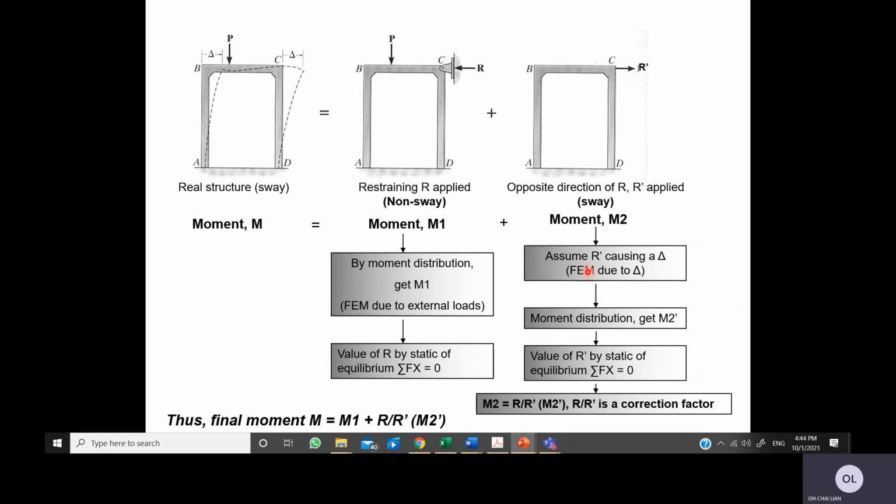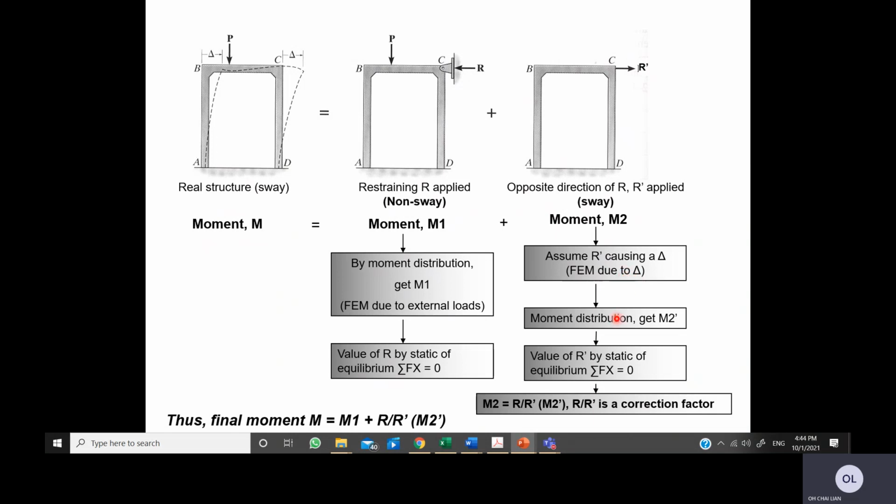We assume this R prime loading will cause a deflection. So the fixed-end moment right now, different from stage 1, is due to the deflection. It does not deal with the applied loading here. It is solely due to deflection.